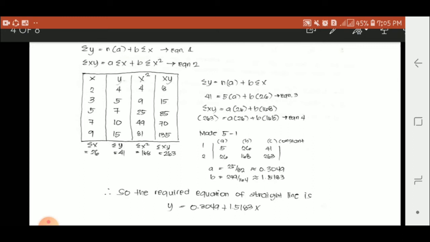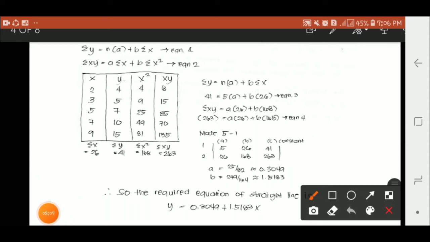So by substitution into the equation of a straight line, y equals a plus bx, we have our required equation: y equals 0.3049 plus 1.5183x. This is our required equation.